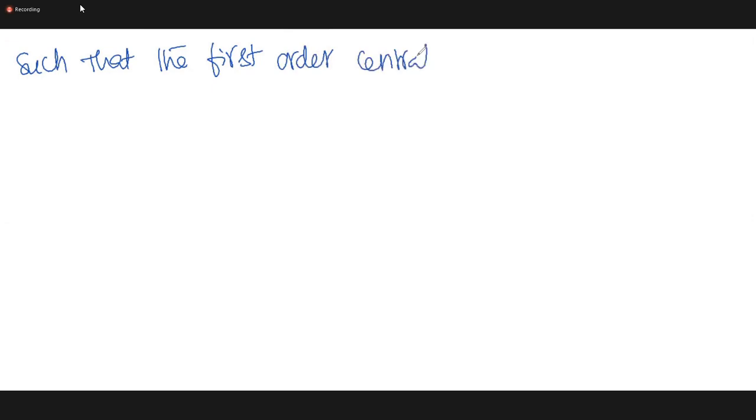So the first order central differences are, what are first order central differences? Put n equal to 1.